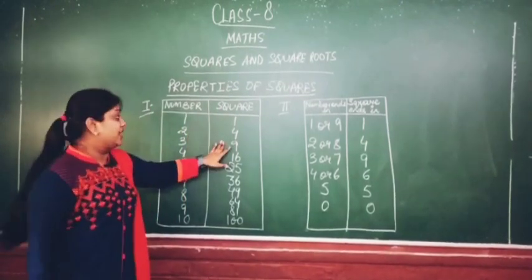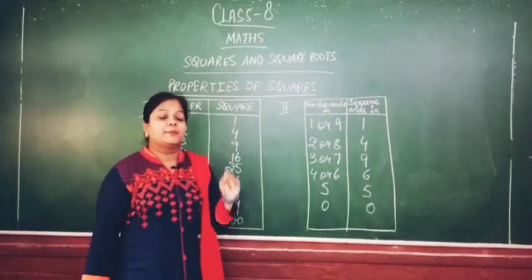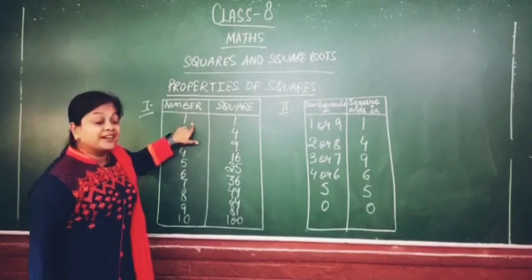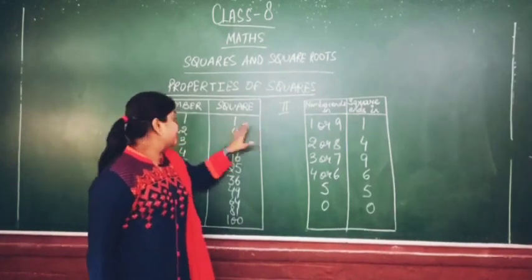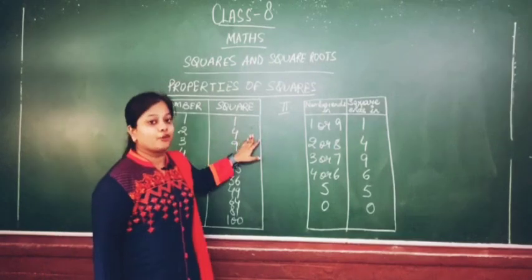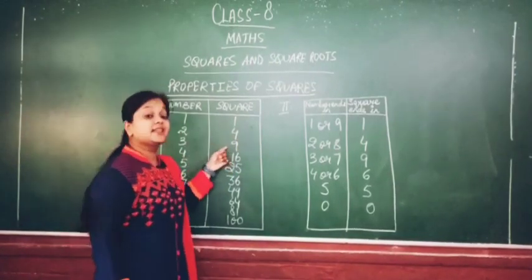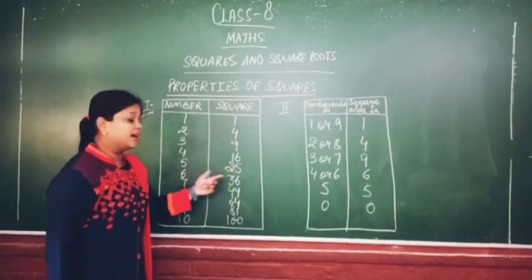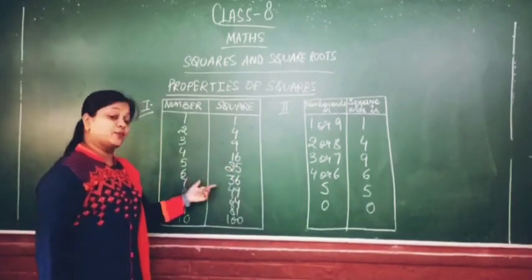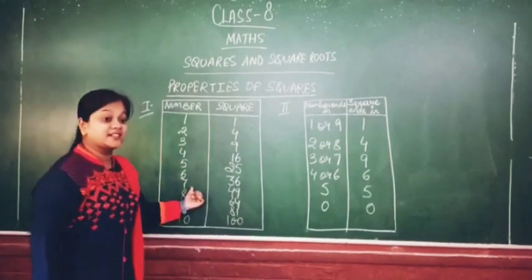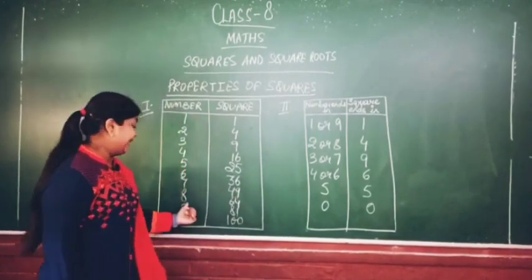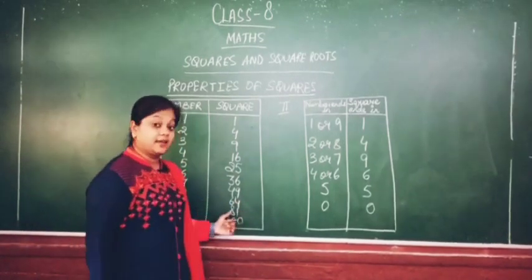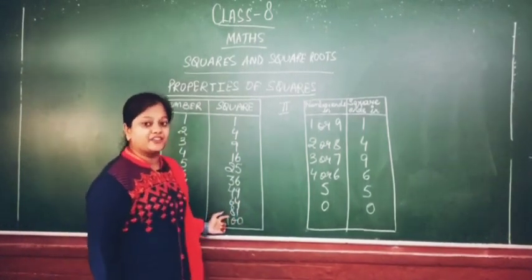In our first table, I have written squares of numbers from 1 to 10. 1 ka square is 1. 2 ka square is 4. 3 ka square is 9. 4 ka square 16. 5 ka square 25. 6 ka square 36. 7 ka square 49. 8 ka square 64. 9 ka square 81 and 10 ka square 100.